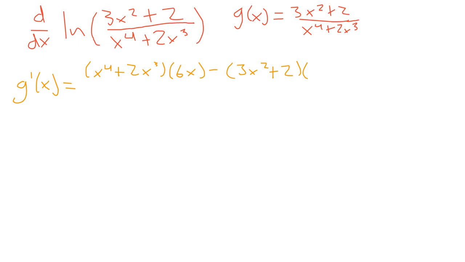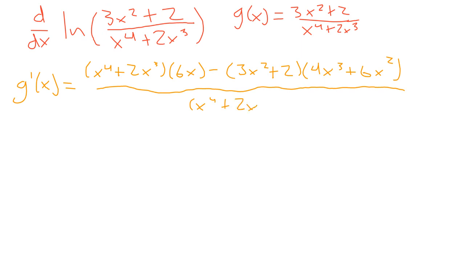So the derivative of x to the 4th is going to be 4x cubed plus the derivative of 2x cubed, which is going to be 6x squared, all over the denominator squared.